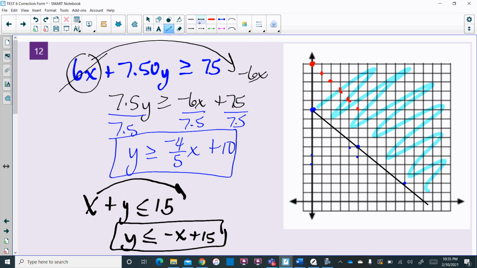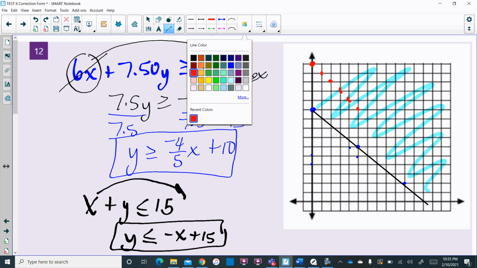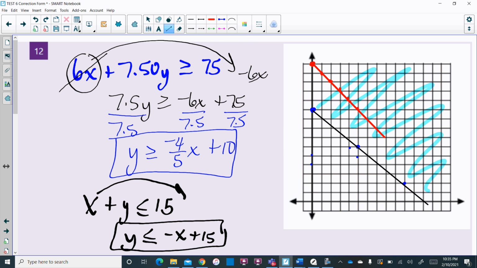Let me do this line real quick. So we had a line like this. But this one is less than, so this one had the shading below the line, like that. So everything's below. But we want the solution set, and the solution set is where they overlap.